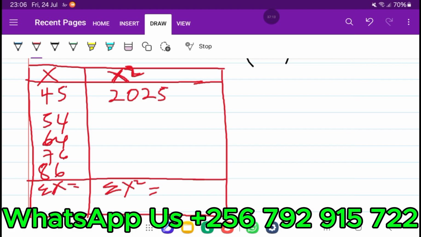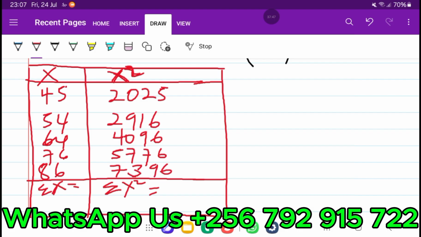The 54 squared, it gives you 2916. Then 64 squared gives you 4096. Then 76 squared gives you 5776. And finally 86 squared gives you 7396.